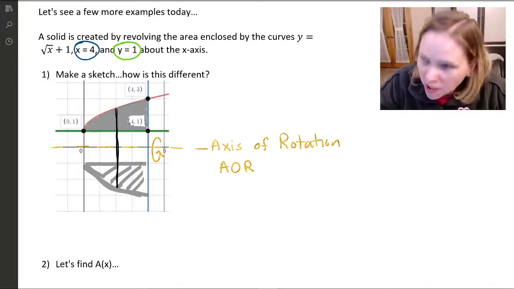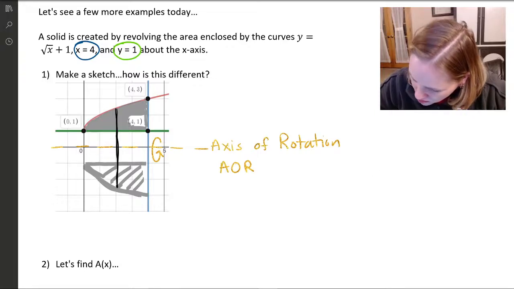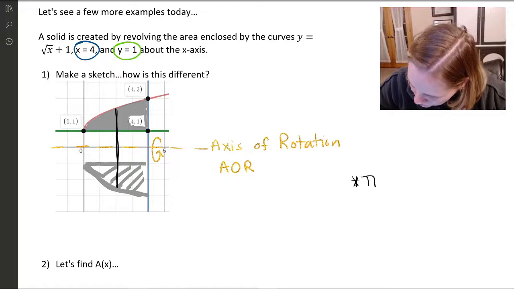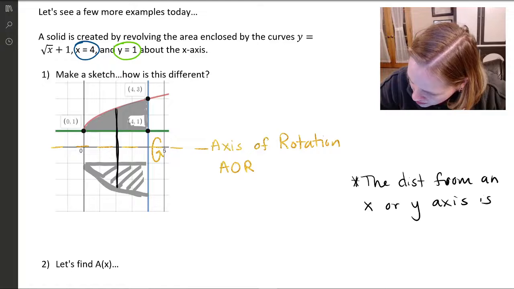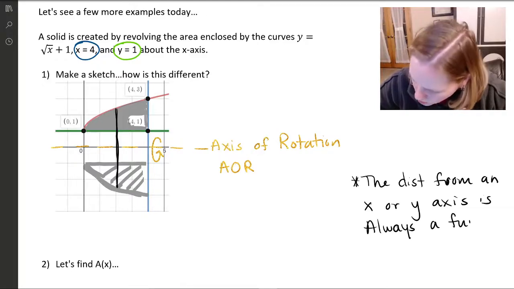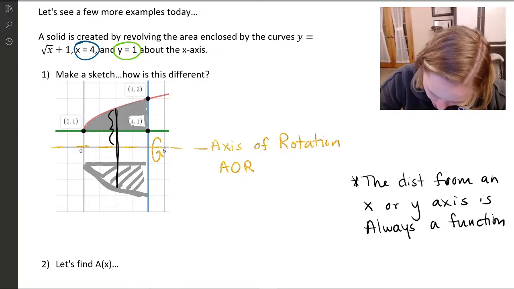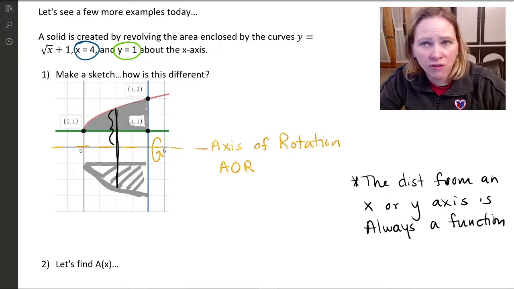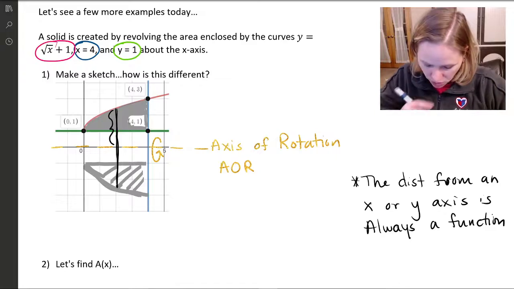So let's make sure we make note of that: anytime we consider the distance from an x or y axis, it's always a function of some sort. So here, this distance is the distance from the x-axis to the red function, which is the square root of x plus 1.